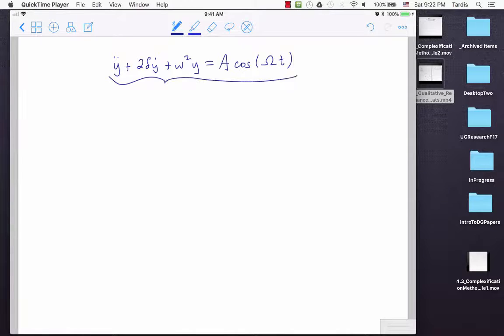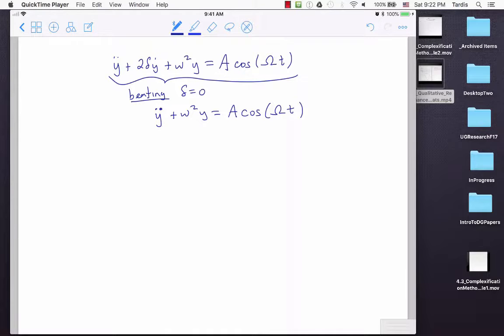Now we're only going to get beating when damping is equal to 0. That's the only time it occurs. So we have the second derivative plus omega squared y equal to a cosine of capital omega t.